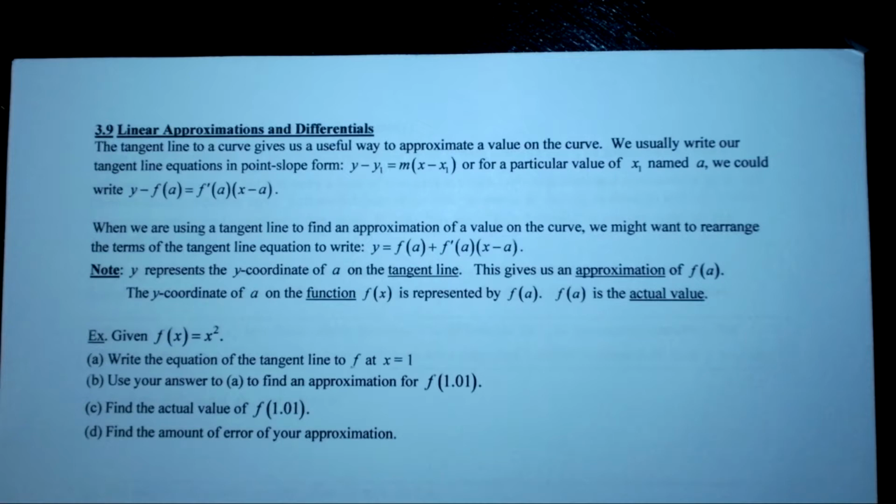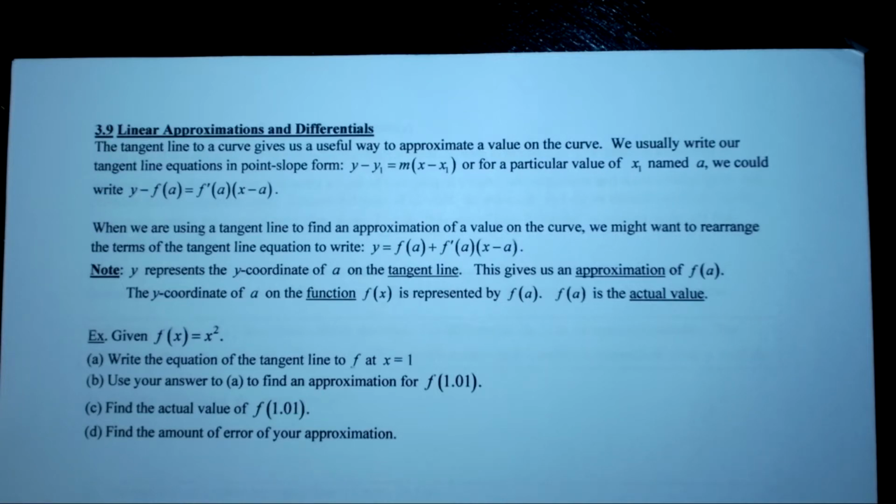We could rewrite that equation to look like y minus f of a equals f prime of a times x minus a. When we're using a tangent line to find an approximation of a value on the curve, we might want to rearrange the terms to write y equals f of a plus f prime of a times x minus a. This just makes it look nicer, so we're solving for y instead of having to flip things around after the fact.